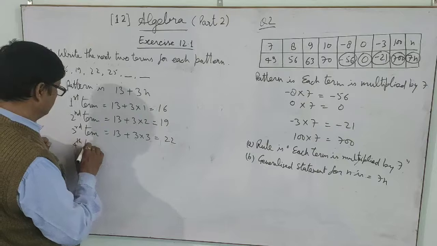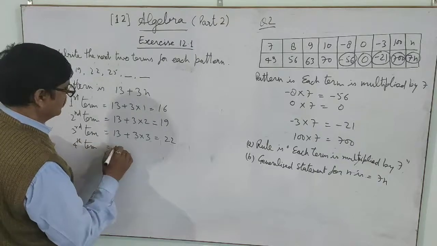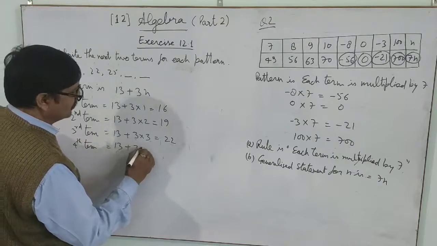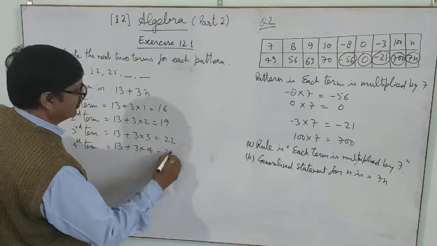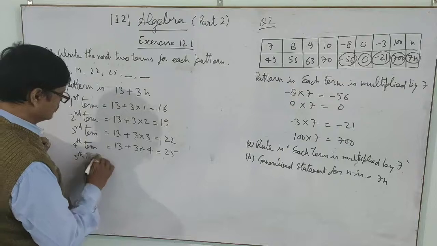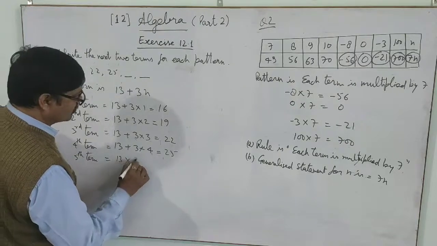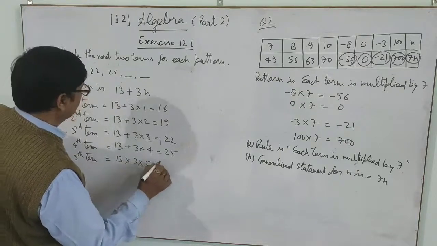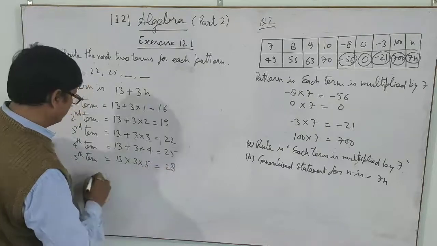Fourth term, 13 plus 3 into 4, 25. Fifth term, 13 plus 3 into 5 is equal to 28.